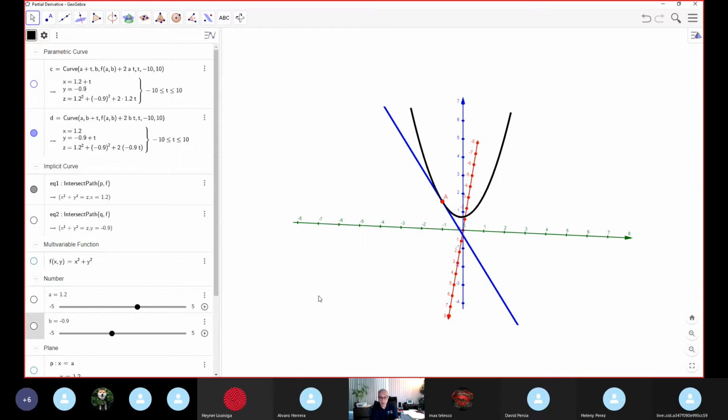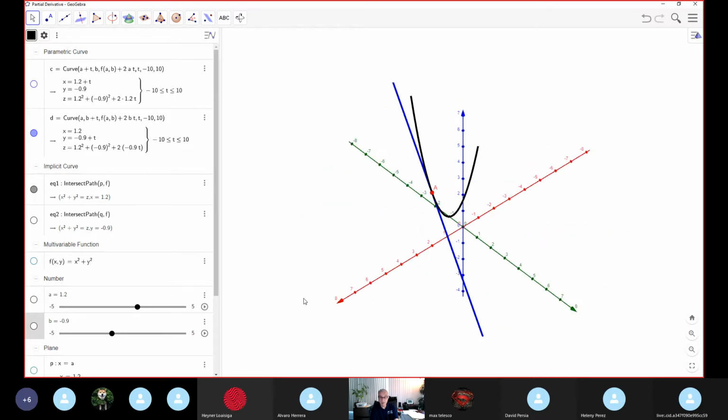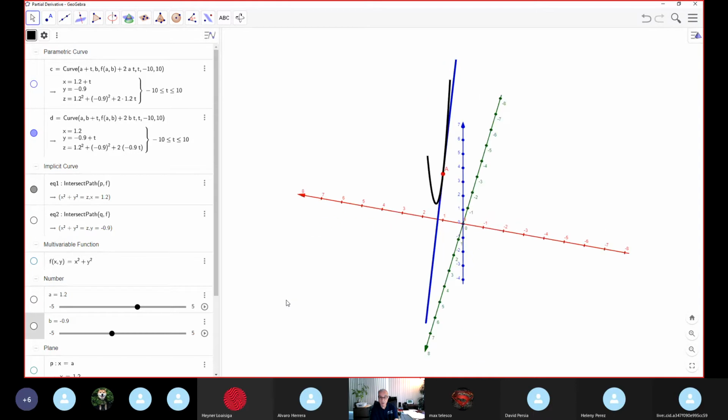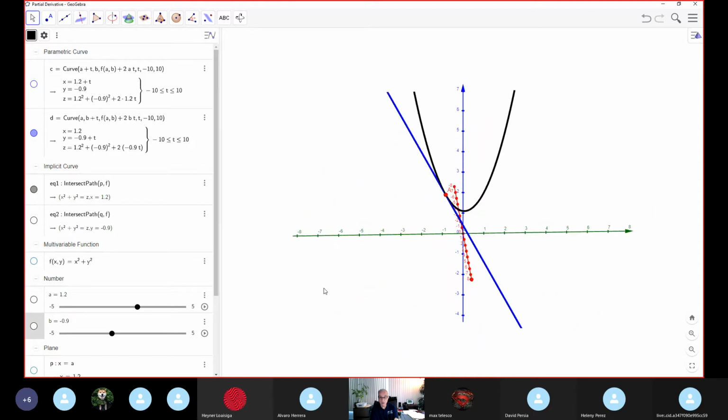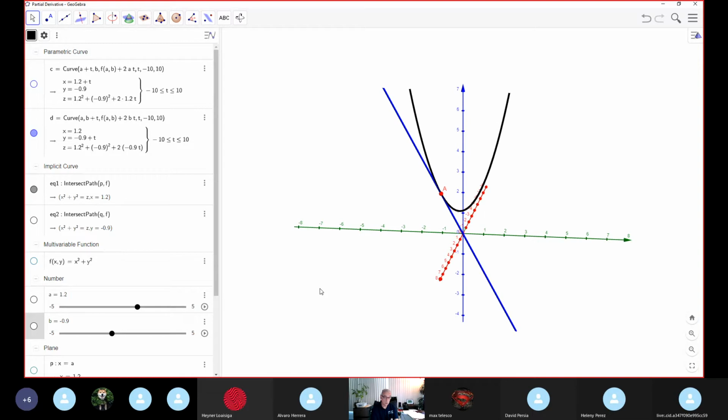X equal a constant, and here you have Cal 1, but in the y direction. Do you see or no? Yes. And the other is similar.